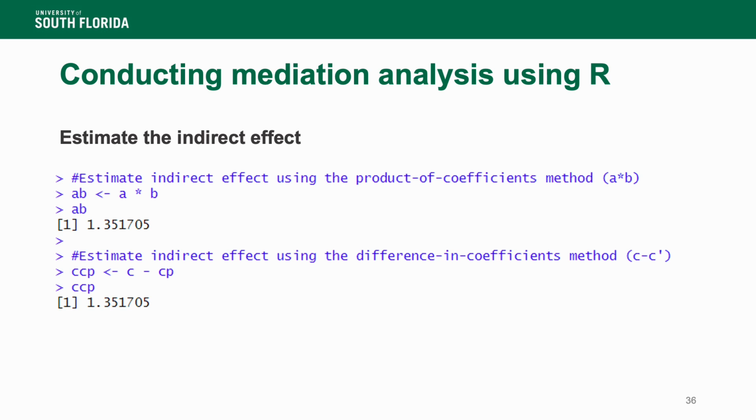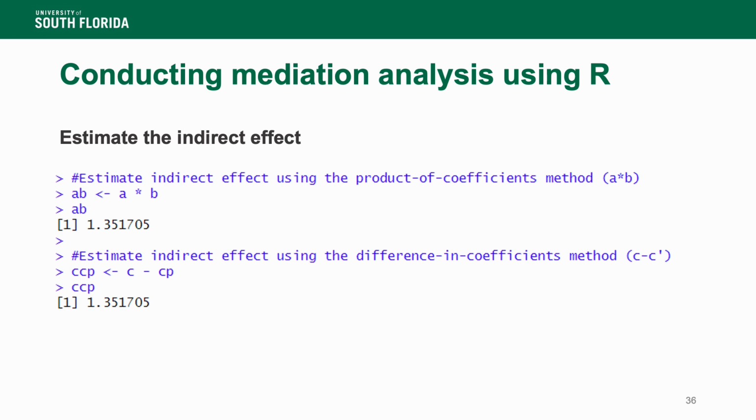However, when we have nonlinear models, this is not necessarily the case. And in those situations, we might not want to use traditional mediation analysis. Instead, it might be better to use causal mediation analysis methods. But for now, let's focus on these indirect effect estimates.